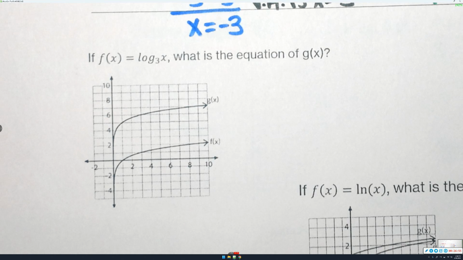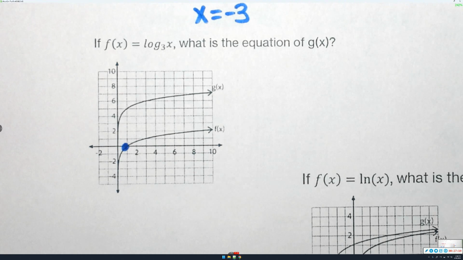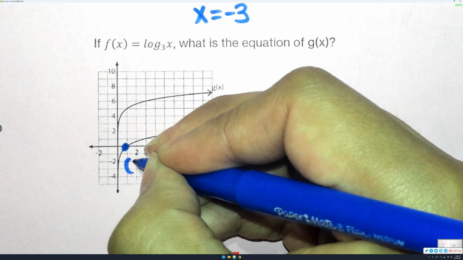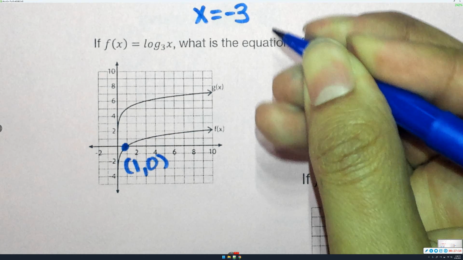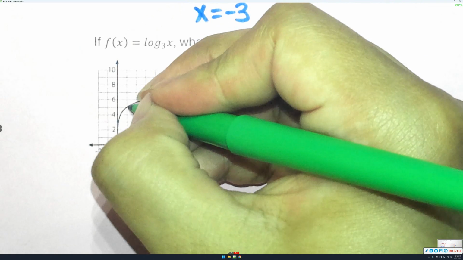For this one, we have: if f of x equals log base 3 of x, what is the equation of g of x? So, how do I go about doing this one? Well, I first select one point of accuracy for the original function. In this case, this point is located at 1, 0. And then I select a point from the new function.